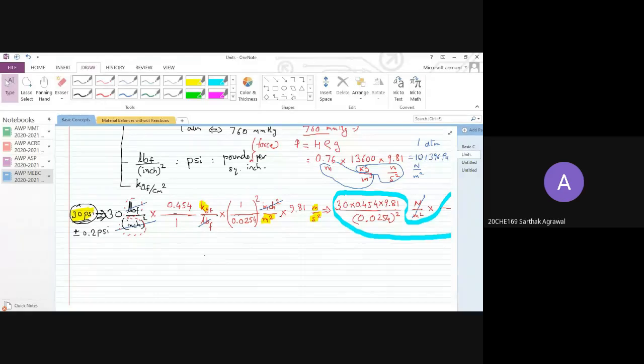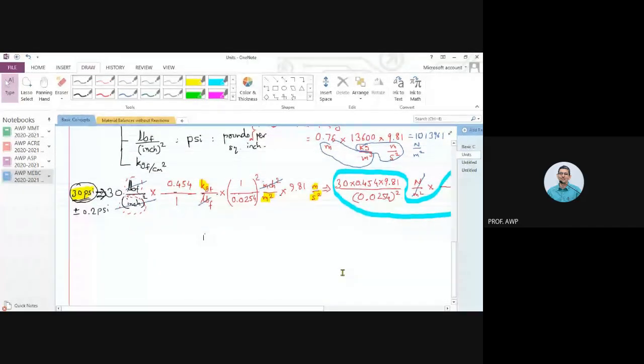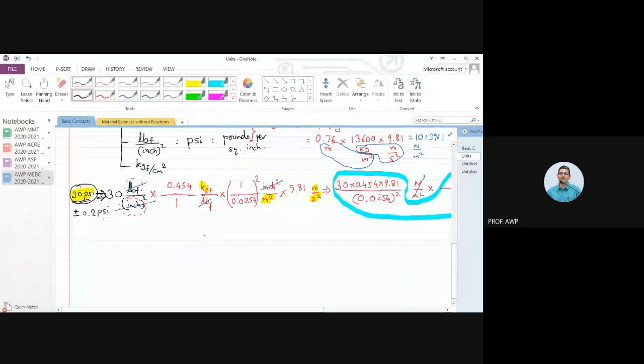Sir, can you repeat this point again about the level of accuracy? Yeah, sure. If I'm measuring the pressure with a manual gauge or a dial, not an electronic or digital indicator, that would have a level of accuracy of plus or minus 0.2 psi. So when we measure 30 psi, we are actually having a dial reading that is between 29.8 and 30.2. So the error is plus or minus 0.2 psi.